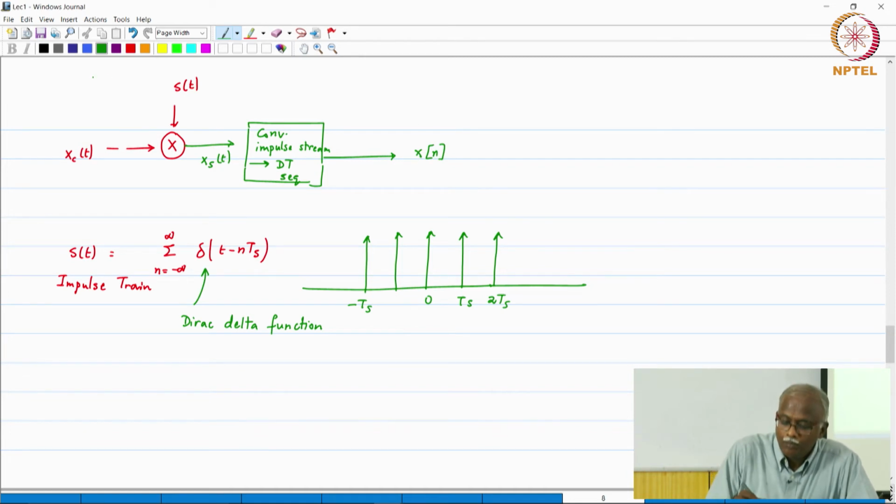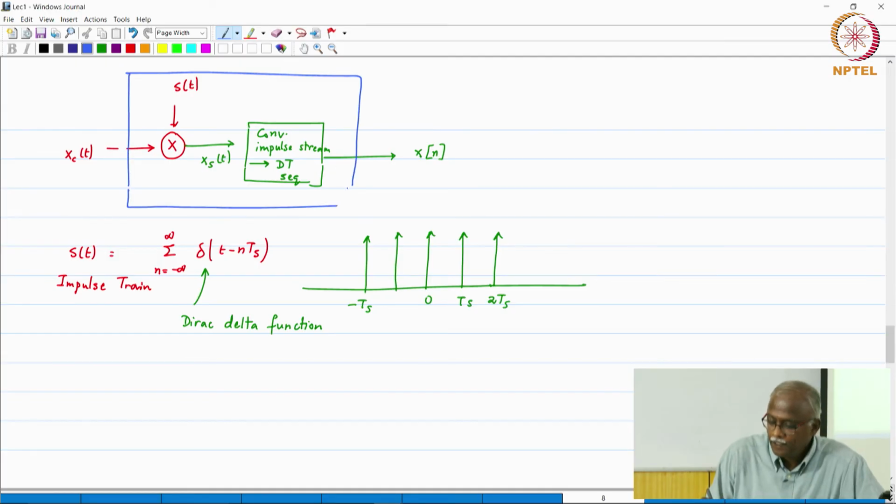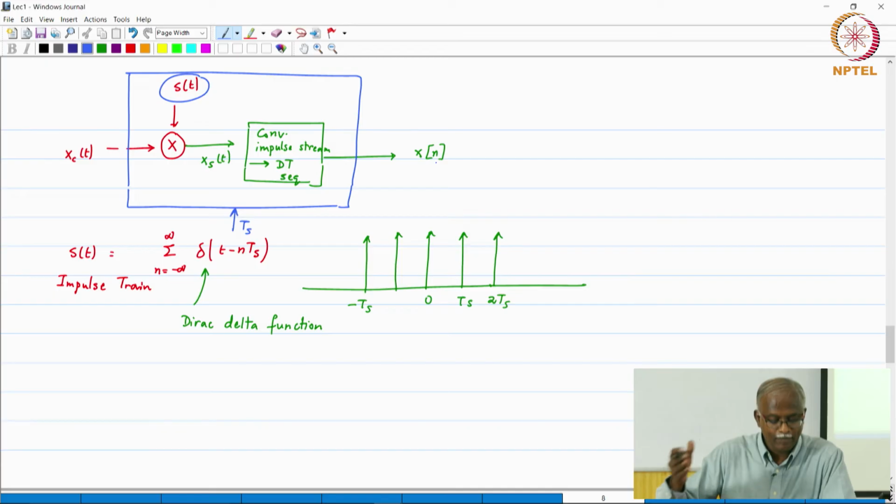So, put the whole thing into a box and you specify a sampling period Ts, because this Ts will also affect S of t, and based on that you will get samples of xc of t.